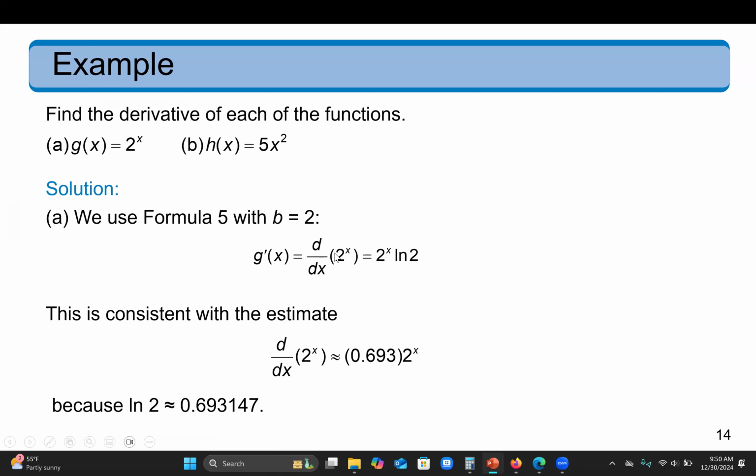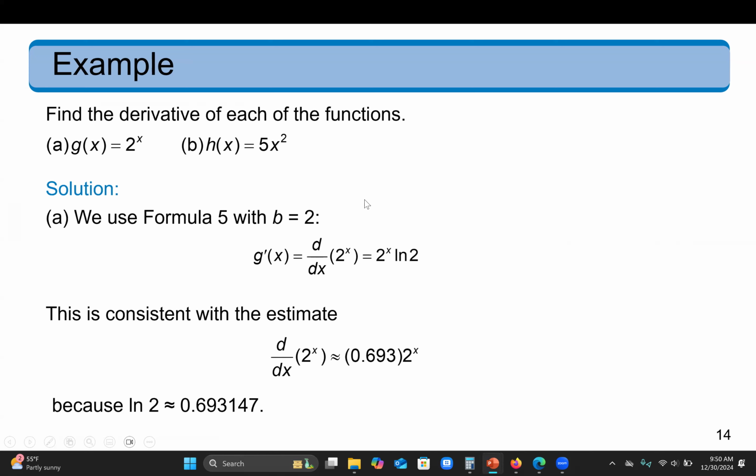Natural log 2. And d/dx of 2^x gives us roughly 0.693 times 2^x, because natural log 2 is 0.693147. So still we are using the chain rule here, as we can see.